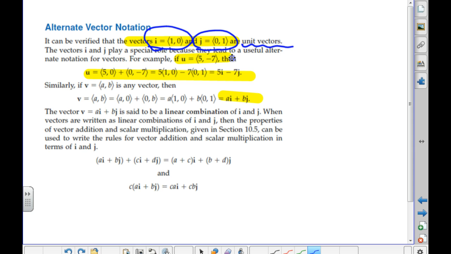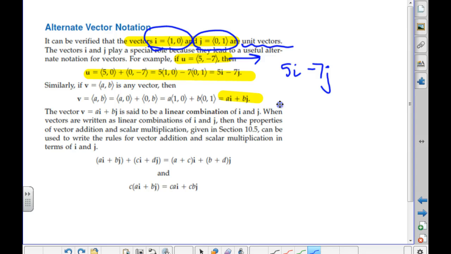Why they would choose to use i and j when we already know that i was earlier defined as the square root of -1? But they use i and j, and this time they're called unit vectors. So if you look at this example, 5, -7 can be written as 5i vectors minus 7j vectors, or plus a -7j vector. That's all they're doing, is writing the same vector in a different form.